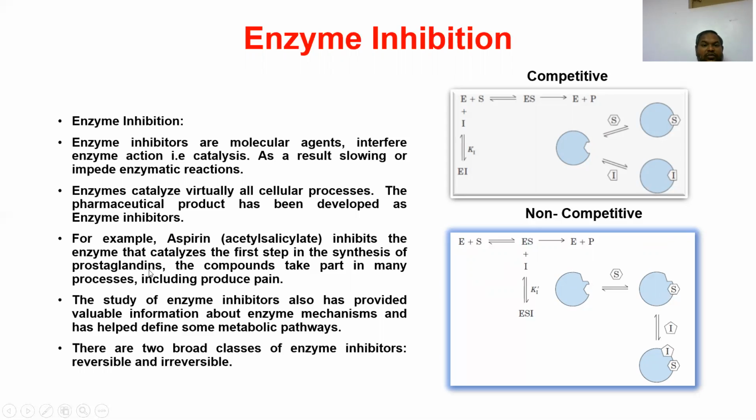Enzymes can be inhibited if you use small molecule inhibitors. It slows down the rate of catalysis, so it impedes the enzymatic reactions. There are two types of enzyme inhibition process: one is the reversible process and another is the irreversible process.